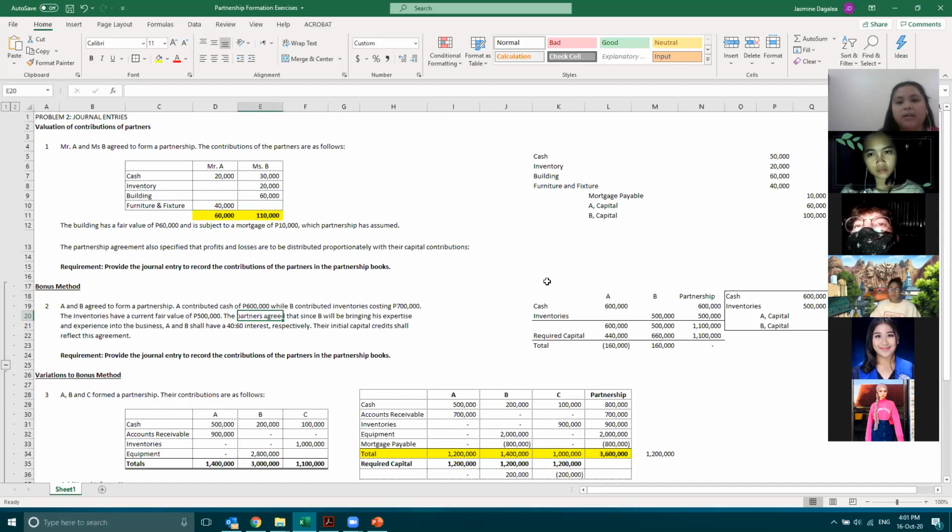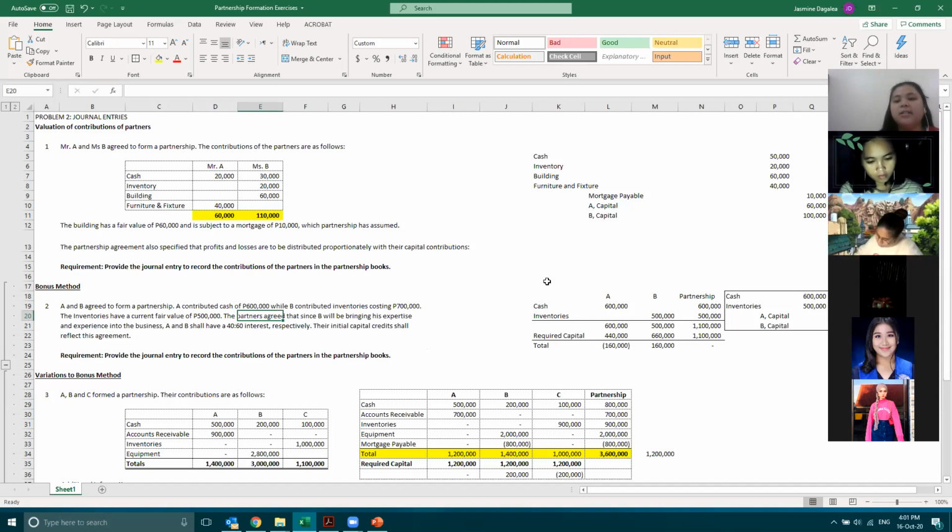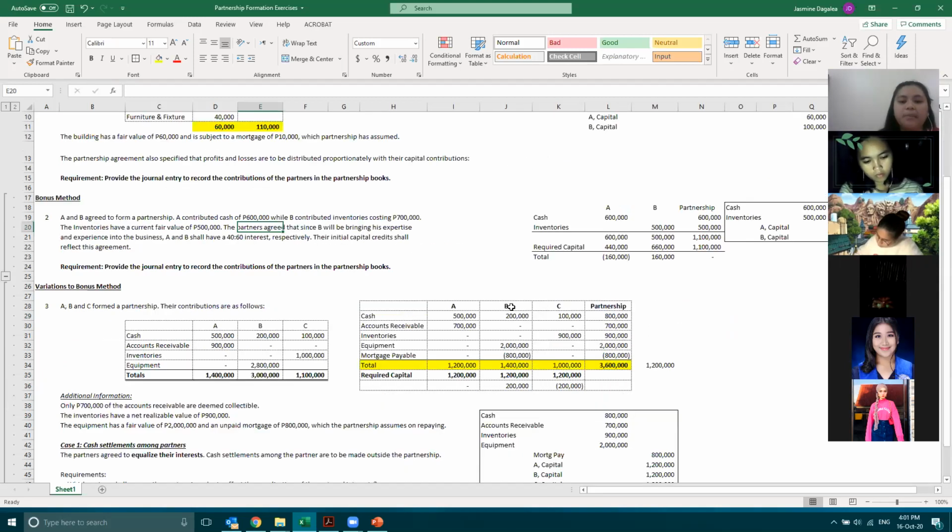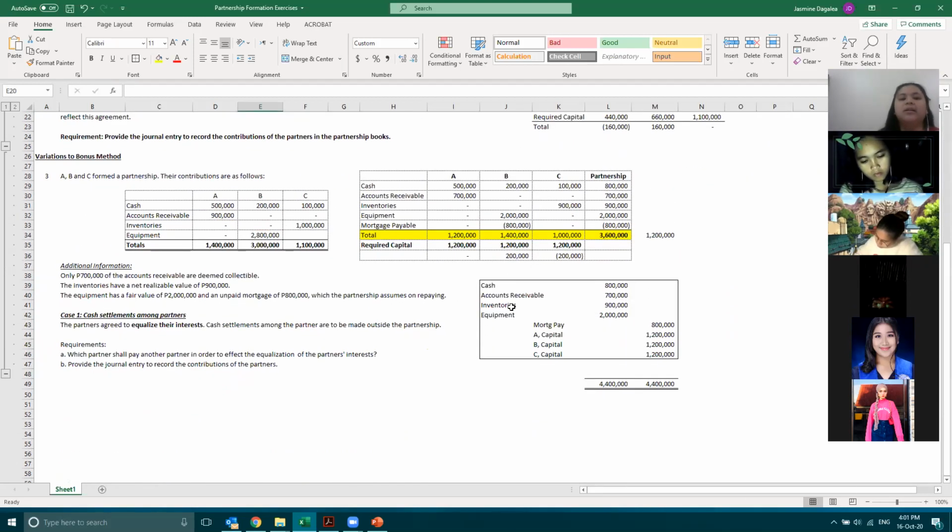So, 4 ha. As is, tapos bonus, tapos cash settlements among partners, and additional investments and withdrawal. So, remember nyo lang when siya gagamitin. I-check nyo sa problem kung ano yung gagamitin para hindi kayo mawala, para hindi maging mali yung sagot nyo.